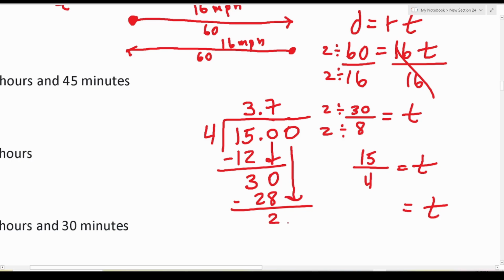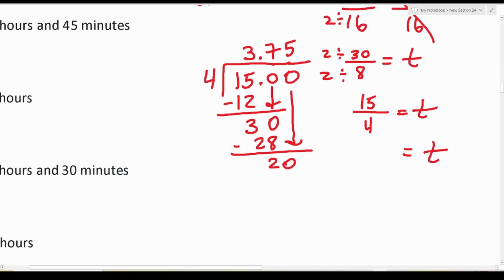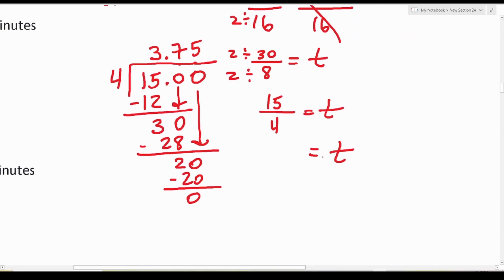Drop down this 0 here. How many times does 4 go into 20 without going over? That's going to be 5. 4 times 5 is 20, so we can see there's no remainder here. So we can see that T is 3.75, okay?